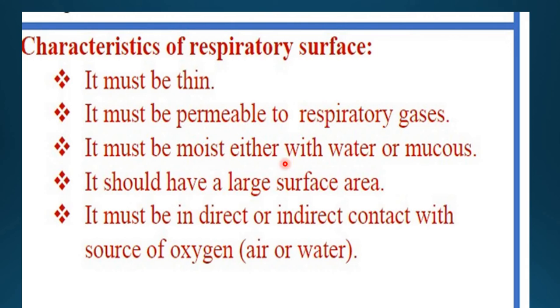It must be moist, either with water or mucus, so it should have some moisture. It should have a large surface area so as to provide rapid exchange of gases, so that the exchange of gases happens quickly. Then it must be in direct or indirect contact with the source of oxygen. Okay, this is now clear.